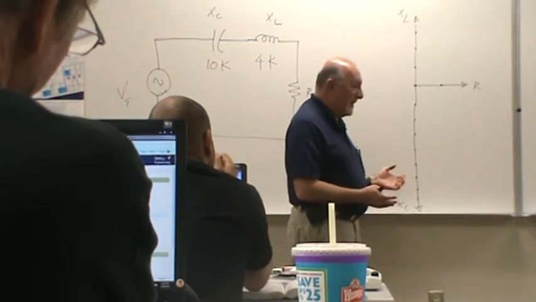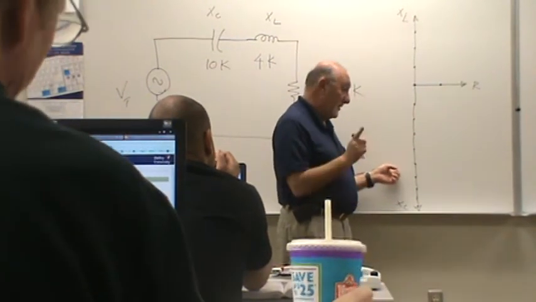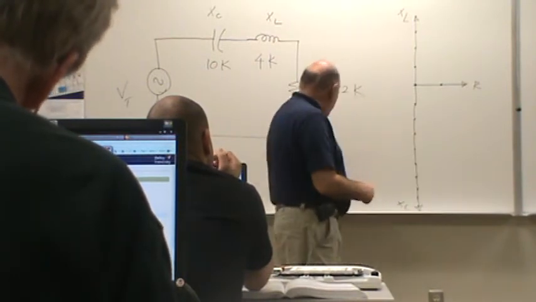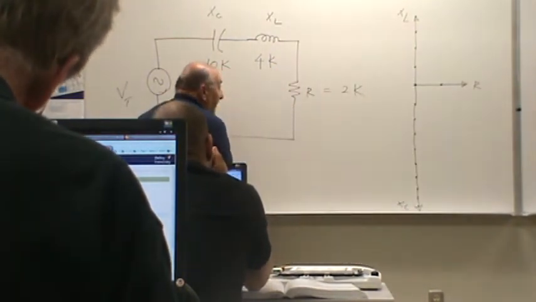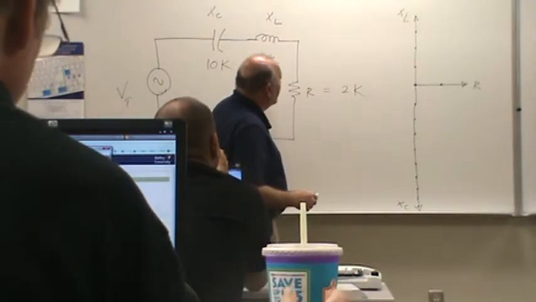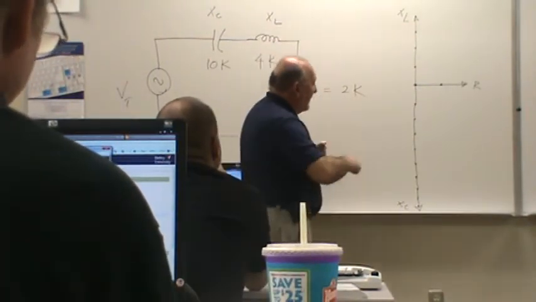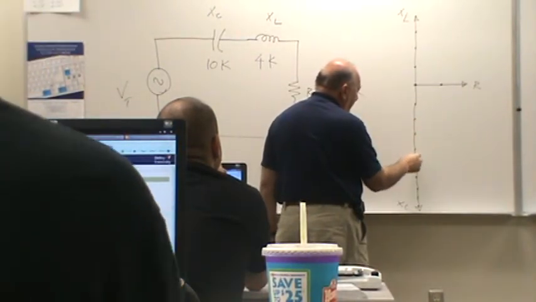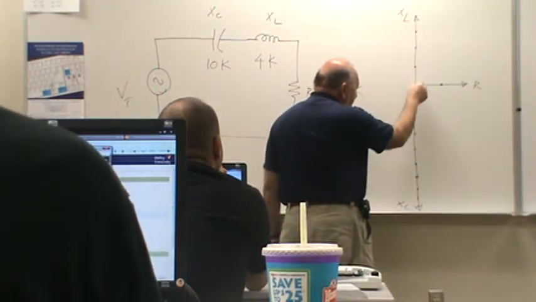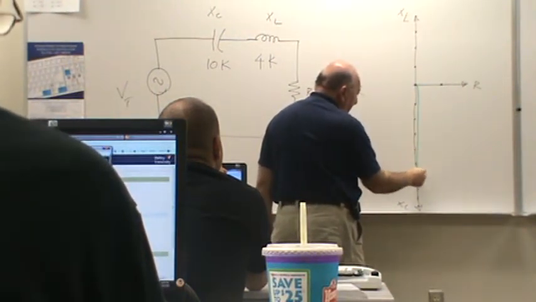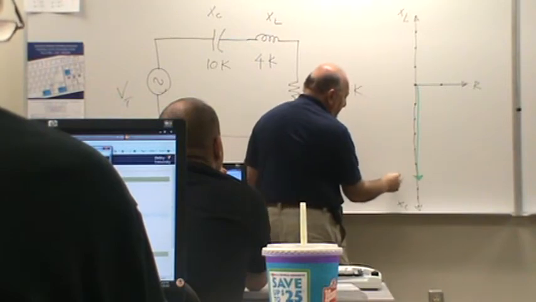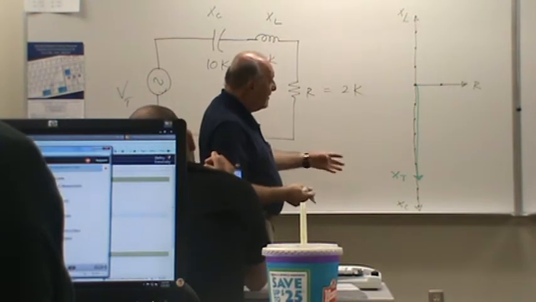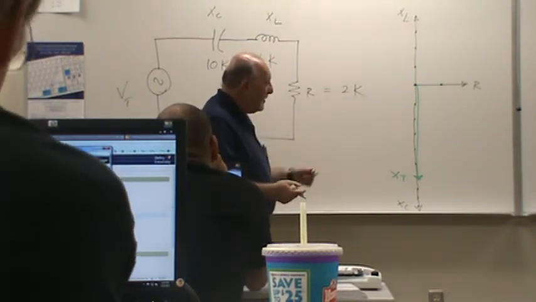Right now, I'm looking at the capacitor dominating here. So it's going to fall below, in this case, into the fourth quadrant down here. So if I subtract, what's 4 minus 10? 6. I think it's 6. So 1, 2, 3, 4, 5, 6. I'm going to call it X total. So X total is simply subtracting the two X's.